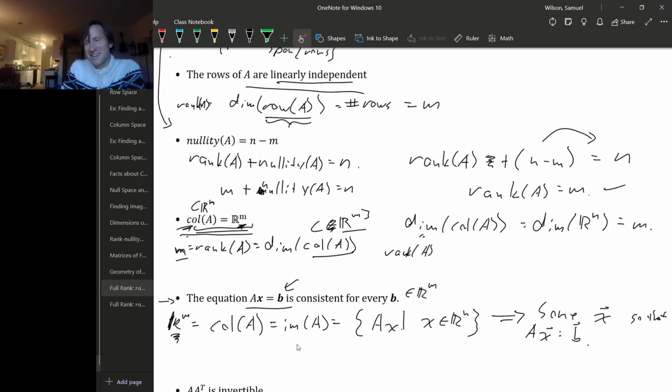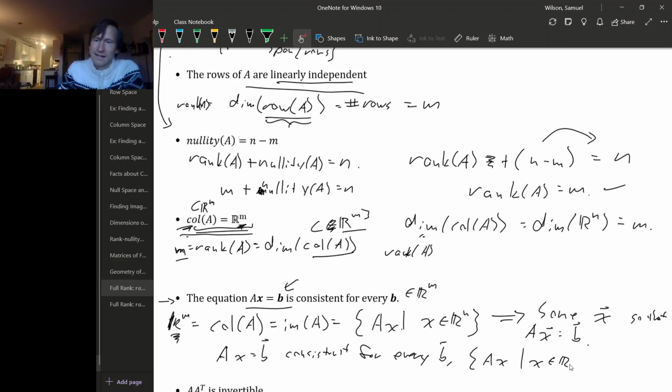Well, that's just the same thing, but the other way, right? If Ax equals B is consistent for every vector B, then this set is the image, right?